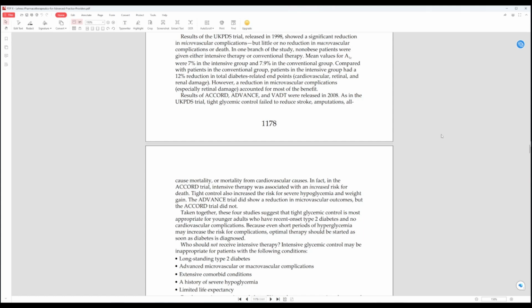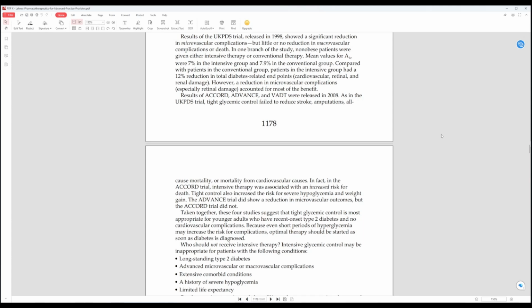Mean values for the A1C were 7% in the intensive group and 7.9% in the conventional group. Compared with patients in the conventional group, patients in the intensive group had a 12% reduction in total diabetes-related endpoints, meaning cardiovascular, retinal, or renal damage. However, a reduction in microvascular complications accounted for most of the benefit.